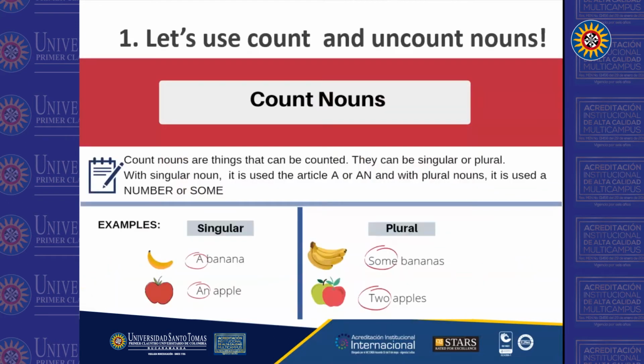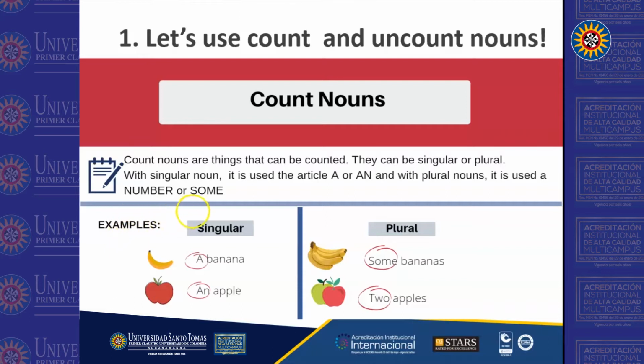And now let's use count and uncount nouns. Count nouns are things that can be counted. They can be singular or plural. For example, bananas. You can say 1 banana, 2 bananas, 3 bananas. You can count them.